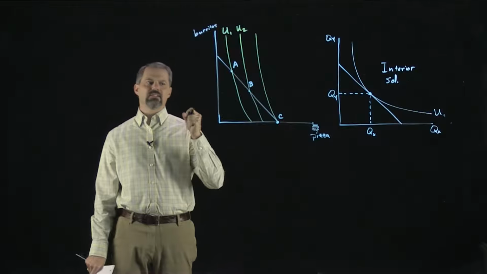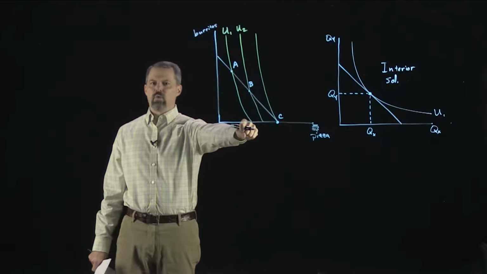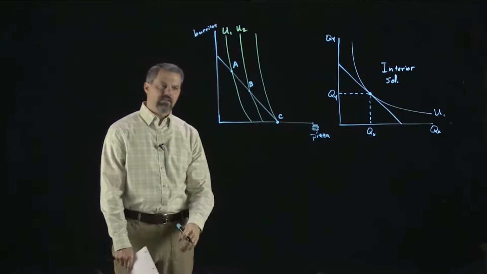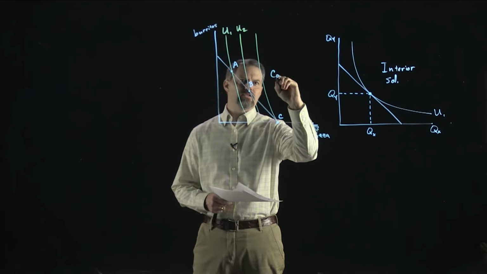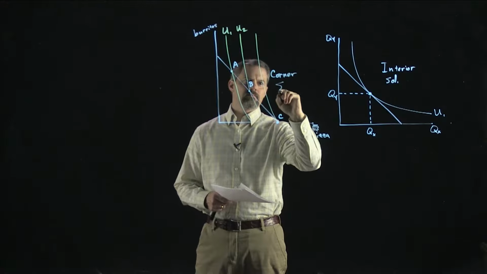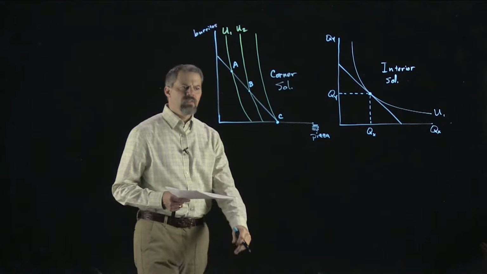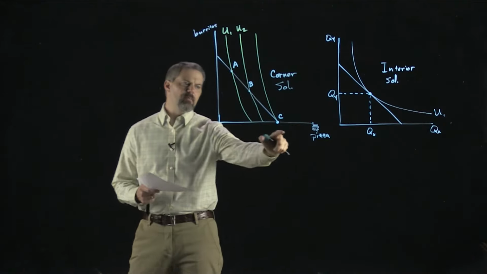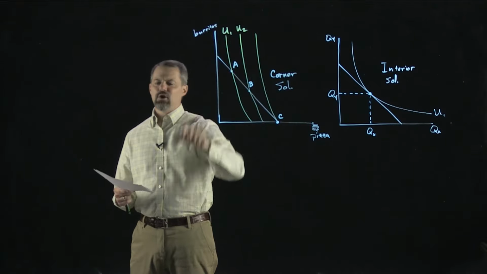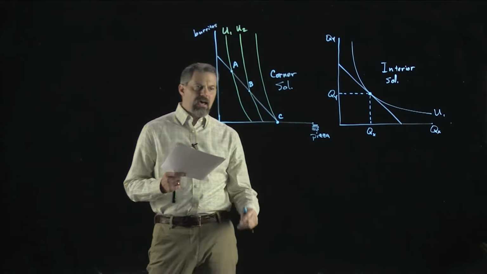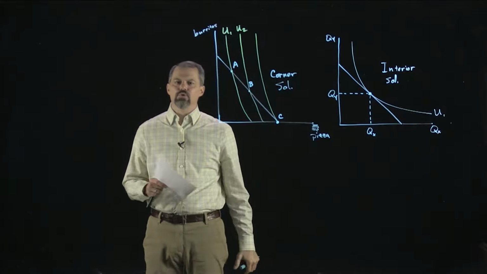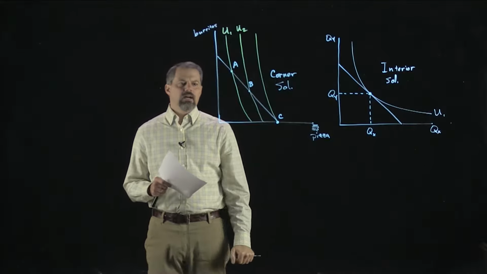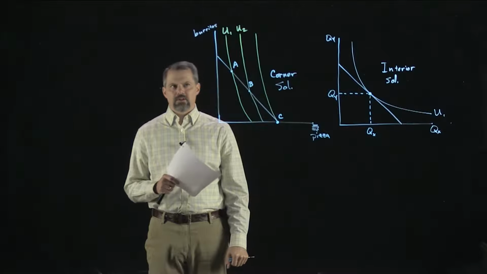And it all has to do with the shape of the indifference curves. It leads this consumer to buy all of one good and none of the other. And that we call a corner solution. So this is a corner solution where the consumer spends all of their money on pizza, they buy no burritos at all, and it's all due to this kind of unusual shape of their indifference curves.